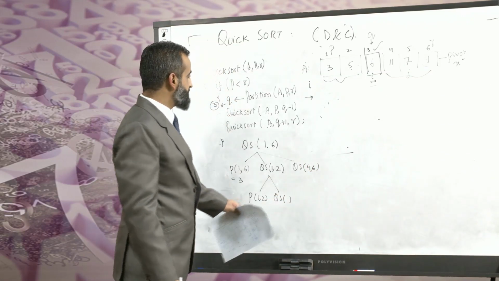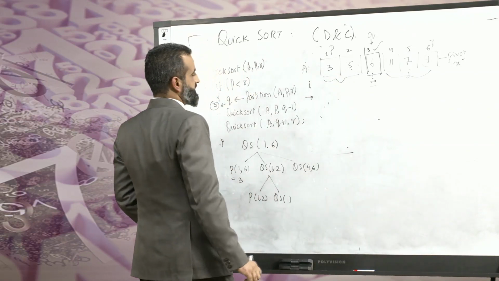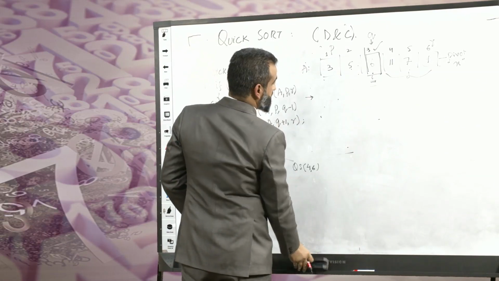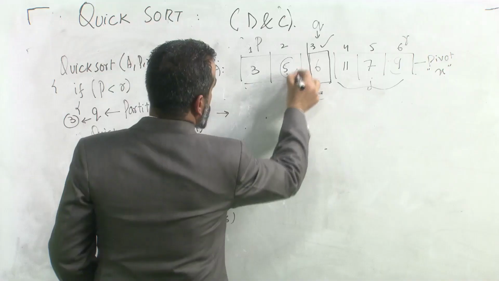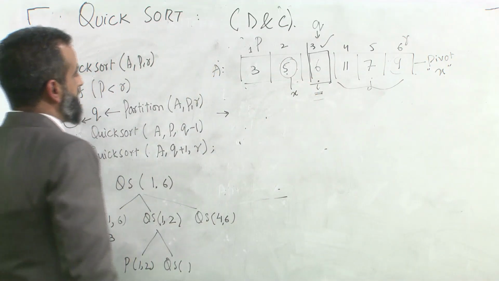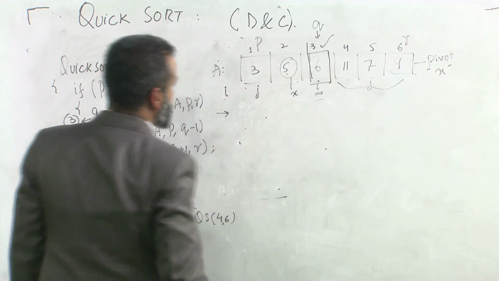Once I make the partition calls in this case, we have 1 and 2. My 5 is my pivot element, this is my x, my new pivot element. My j is pointing towards the first element and this is my i.